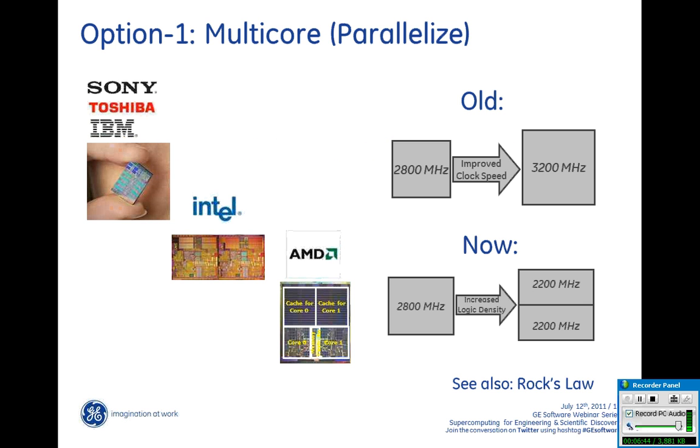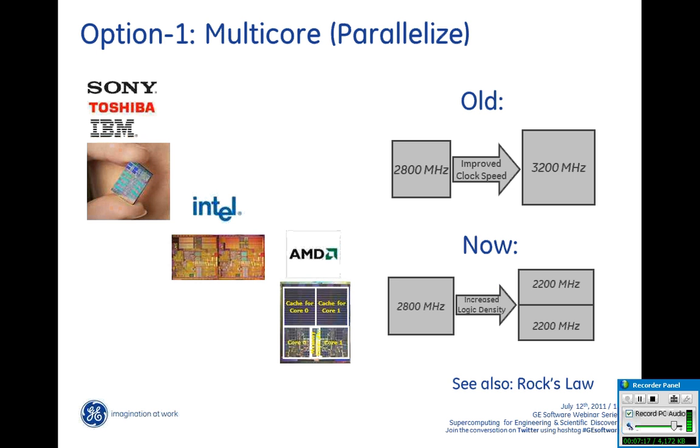So what happened there was industry had to move from an old model of improving clock speed with each generation to now moving to still exploit the increased logic density, but to split the chip into multiple cores. And this has to do with some of the thermodynamics at hand on these dies. But what it means for us is a change in how we structure these programs.